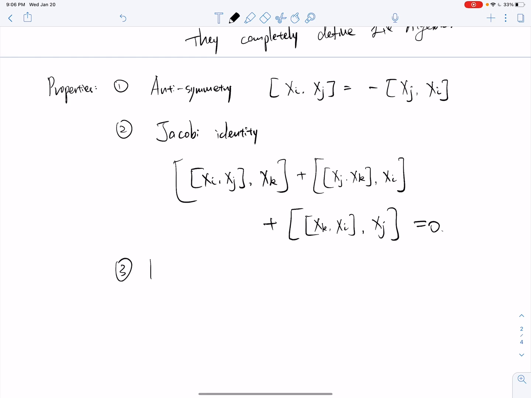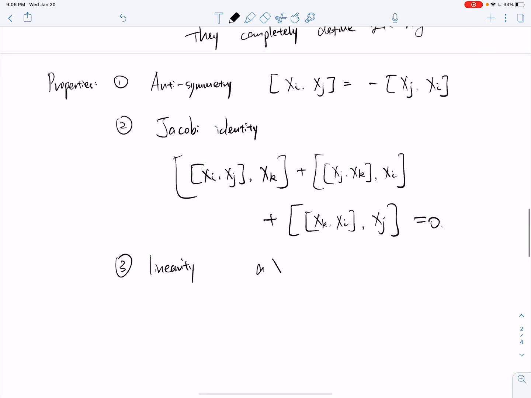And the last one is linearity, which is kind of trivial actually. It simply means that you can add them linearly.